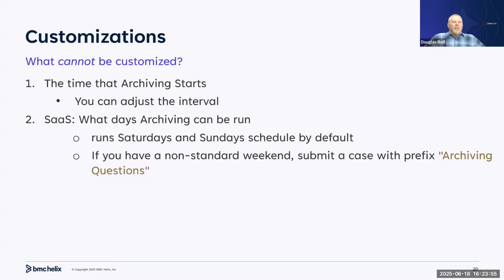If you create a support case and put a prefix of "archiving questions" on your summary, you can let us know what you need changed, and we will work with you to change that. I say it's a hard and fast rule that we run on the weekends, but there is a way out. If your weekends are different than ours, let us know and we'll work with you.